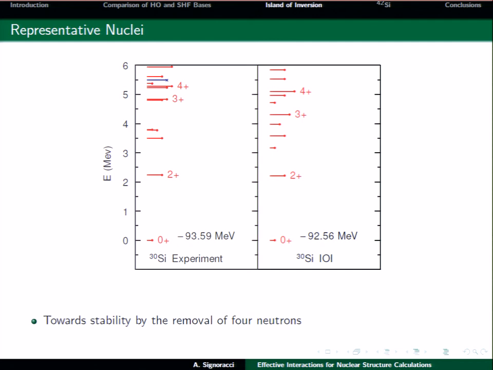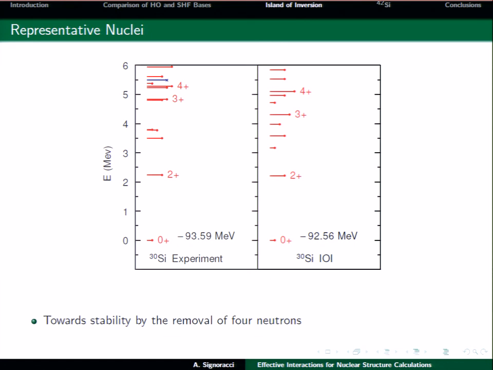And what you see is that there's very good agreement between the levels that are known experimentally and the calculation. So the 0+ ground state agrees within about an MeV. The 2+ state here is right on target, and then we can do pretty much a 1-to-1 correspondence up until above 5 MeV. So there's actually 2 states here, and they correspond to these states here.